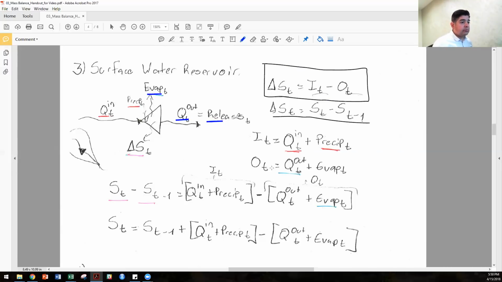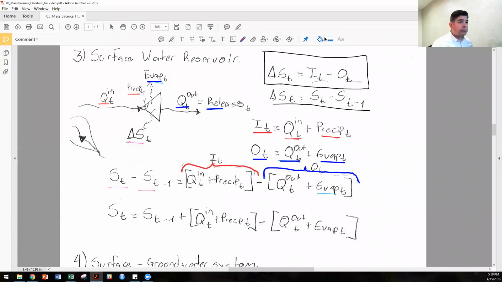As you can see here, this O_t is actually all of that that we were mentioning before. The inflows here are all these inflows that we mentioned before, and the change of storage.